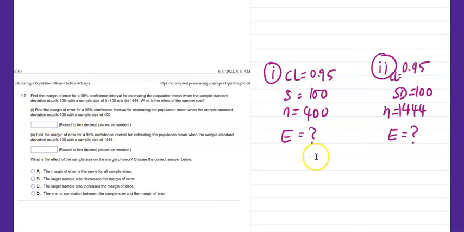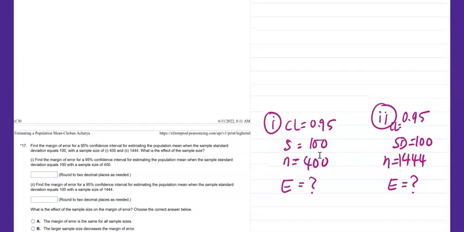Okay, so to find the margin of error, there's a formula we're going to use. Okay, so the margin of error formula is, here you go: E equals critical value for t alpha over 2 times standard deviation over square root of n.